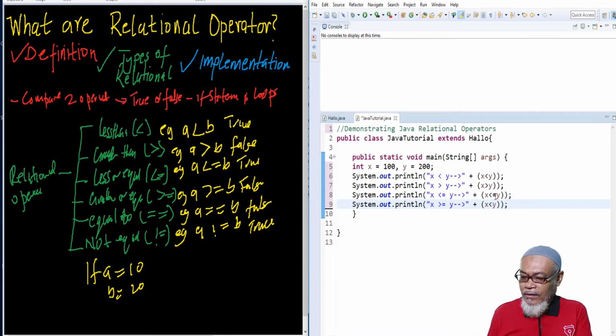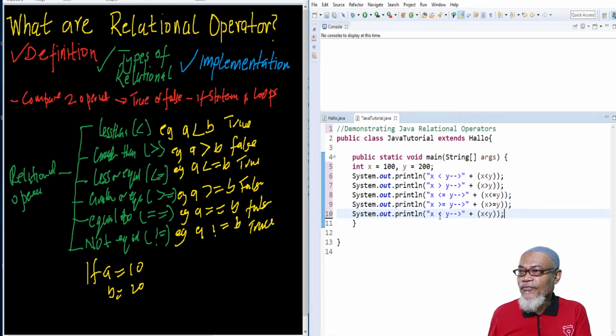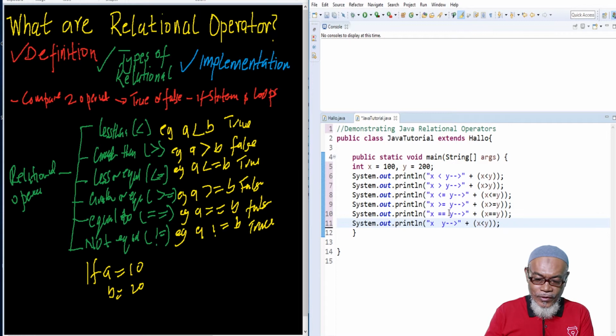Next, what about if it is equal to? We have two equal signs. And finally, the last part, what about if it is not equal to? We start with not equal to, and here also we have not equal to.